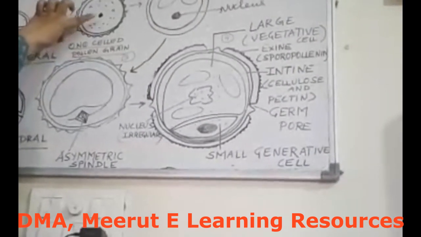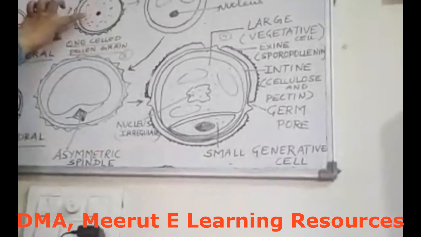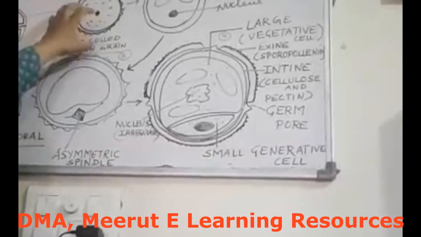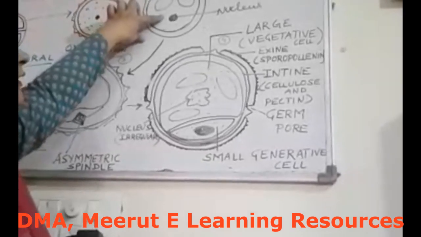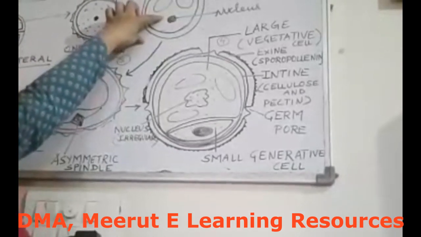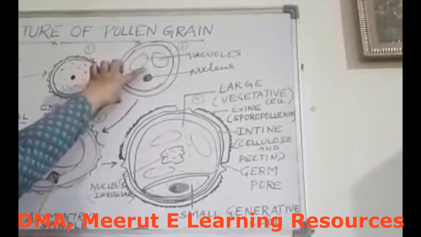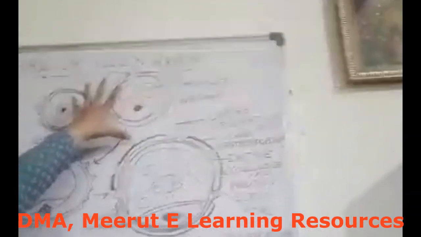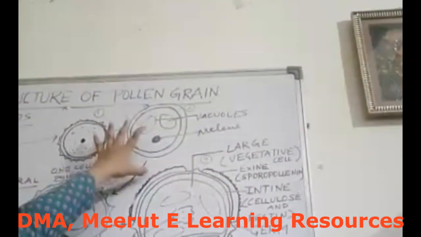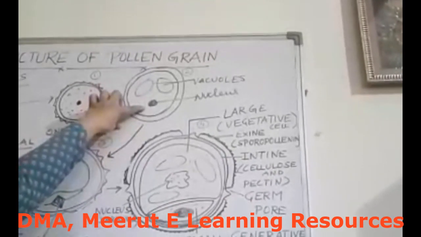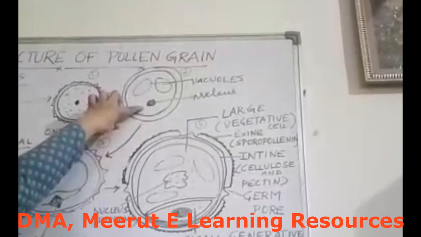It is embedded in dense cytoplasm, and due to influx of nutrients it grows in size. Along with influx of nutrients, vacuolization results, or you can say vacuoles appear, which again increases the size of the pollen grain. Because of vacuolization, the nucleus shifts towards the periphery, towards the pollen cell wall.